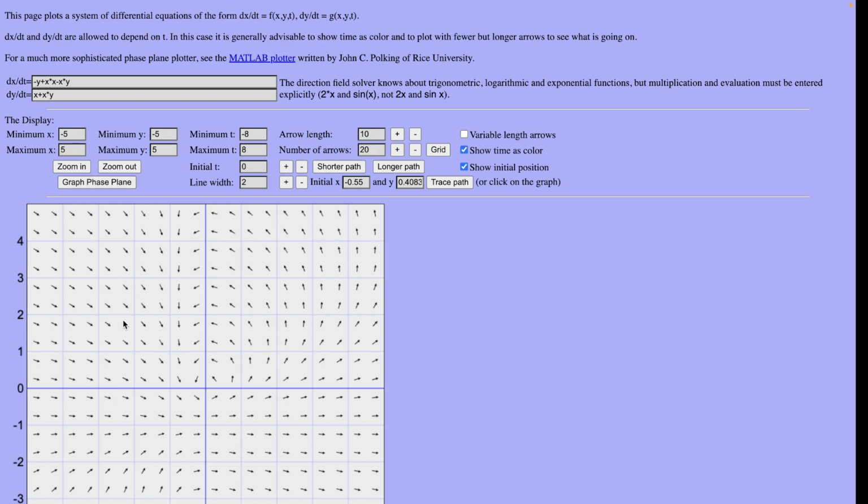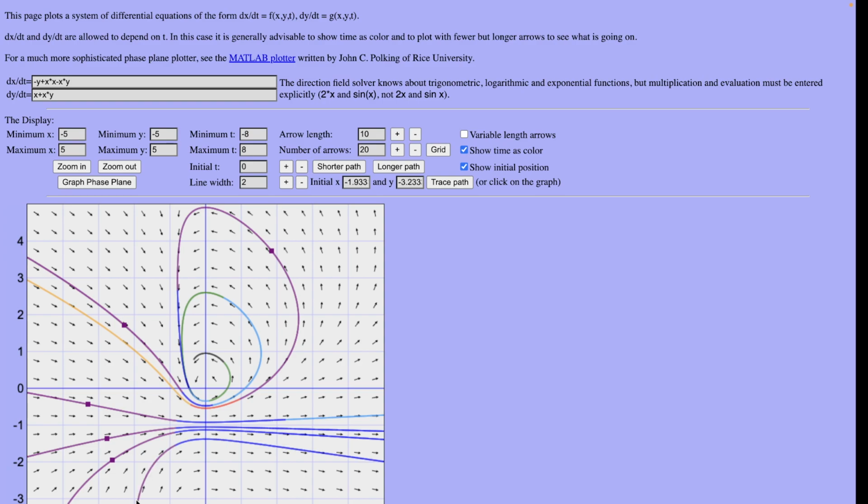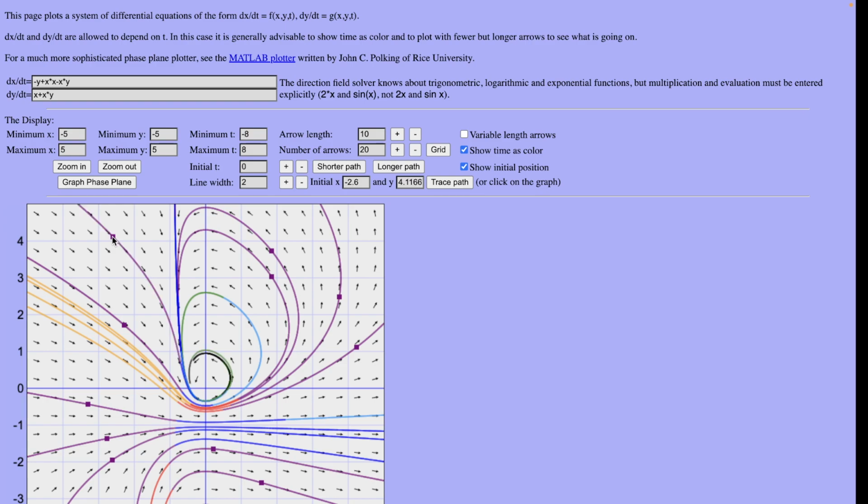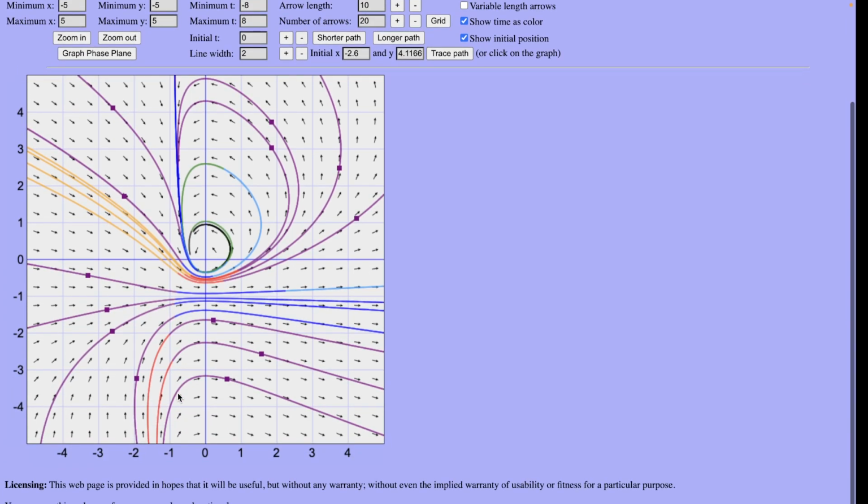Clearly, from the phase portrait, there is no closed orbit in the first quadrant.